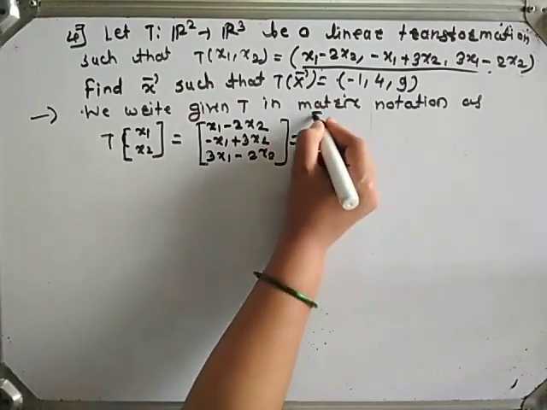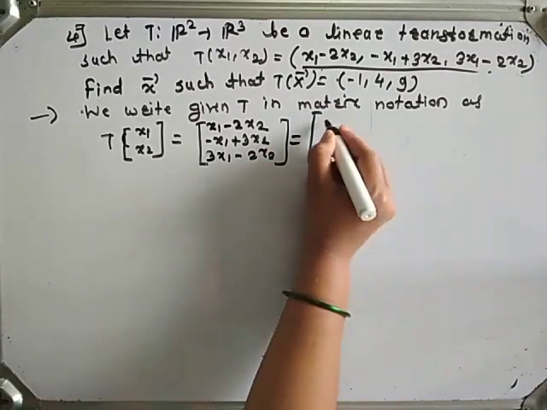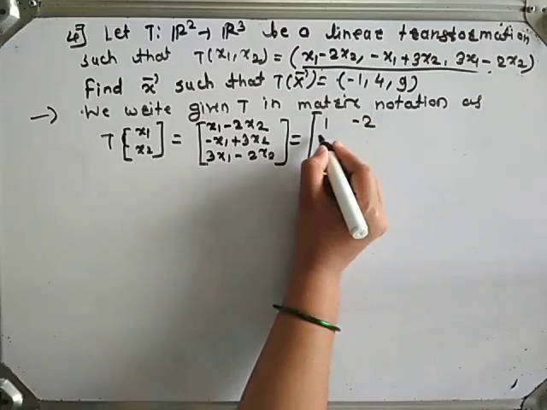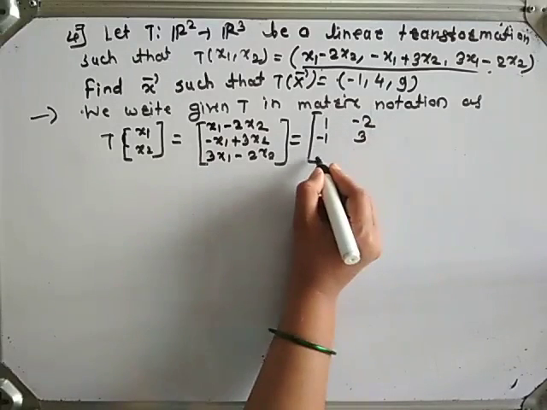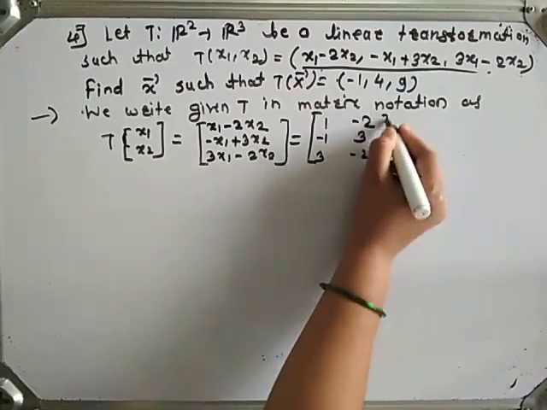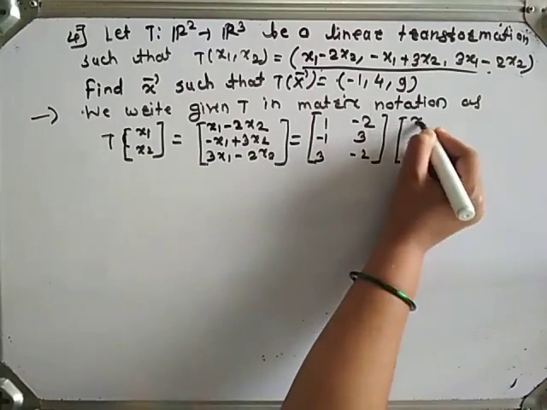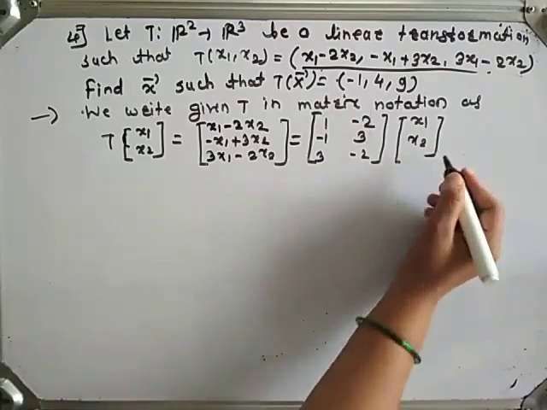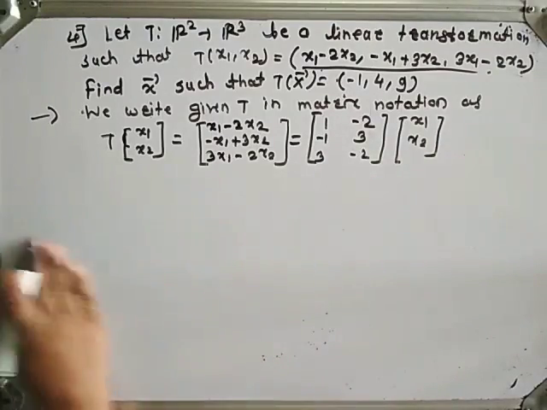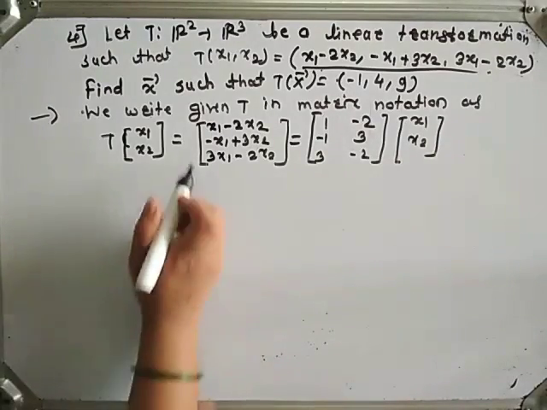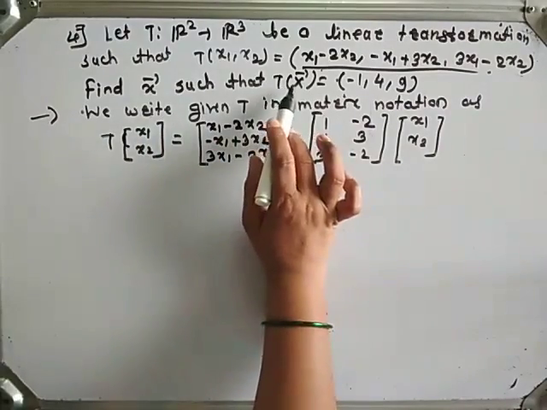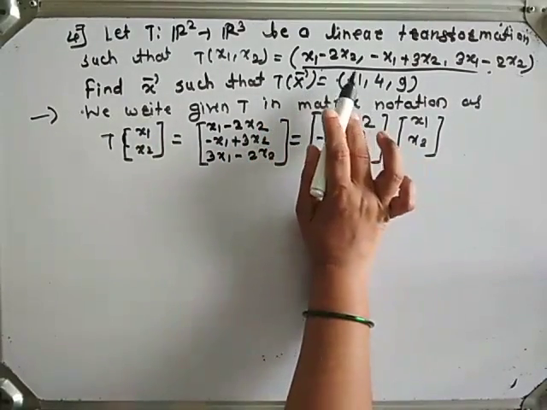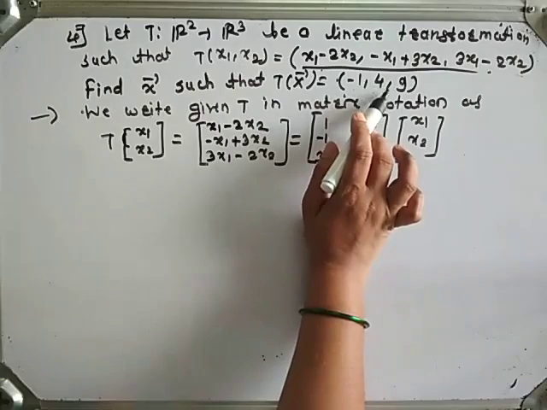Okay, this is nothing but the matrix with rows (1, minus 2), (minus 1, 3), (3, minus 2) into (x1, x2).